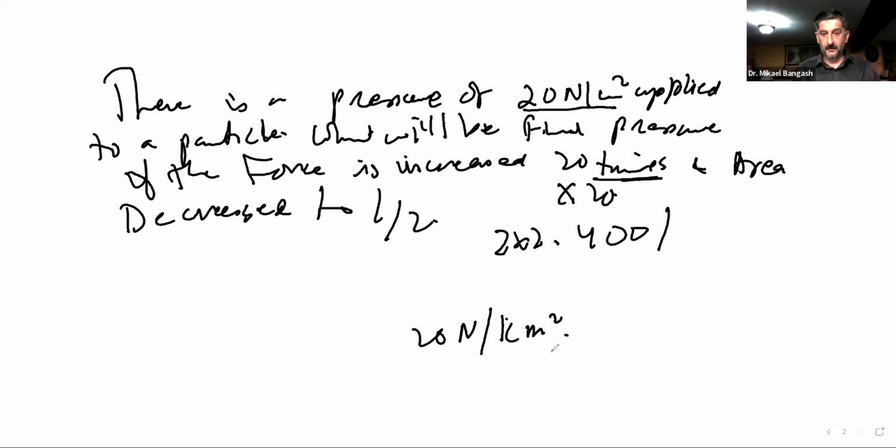So this actually becomes 400 divided by a half. So your final pressure is 400 divided by a half, which is 800 newtons per centimeter square.